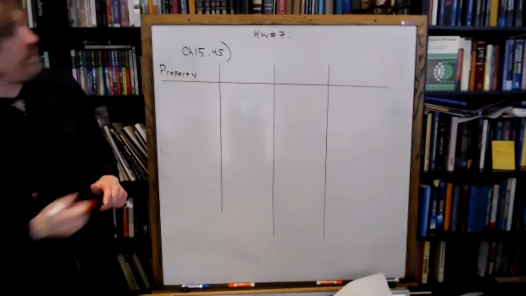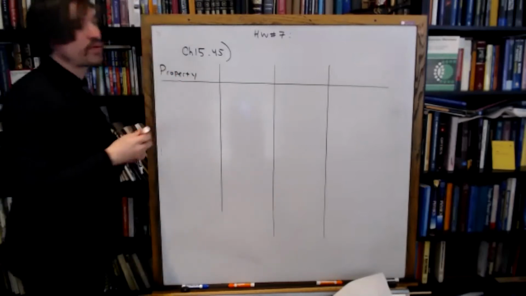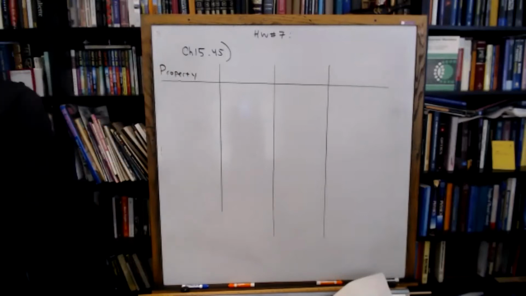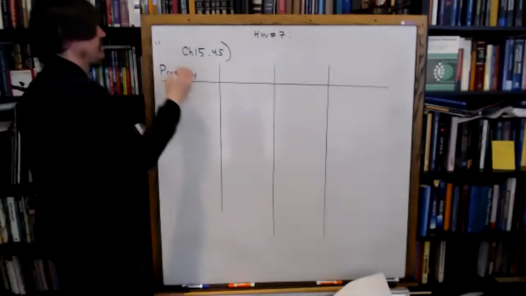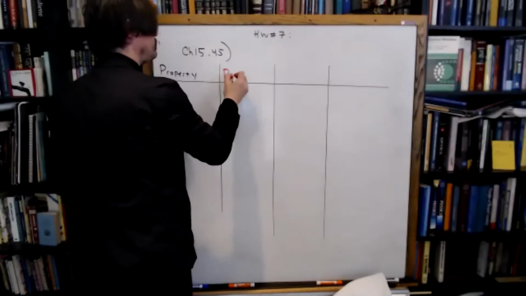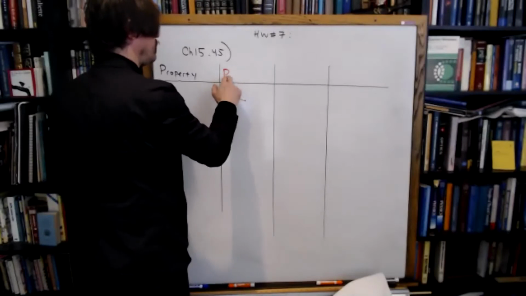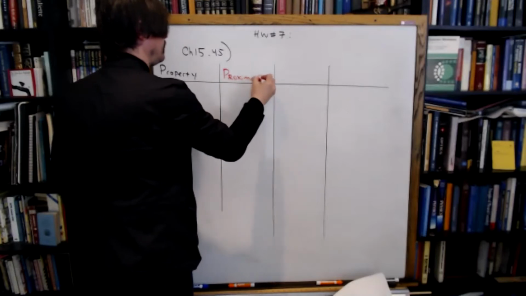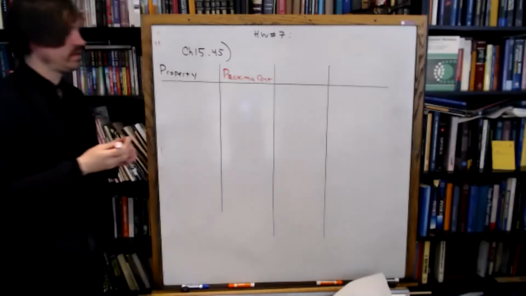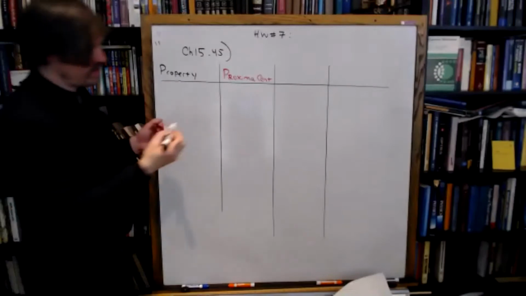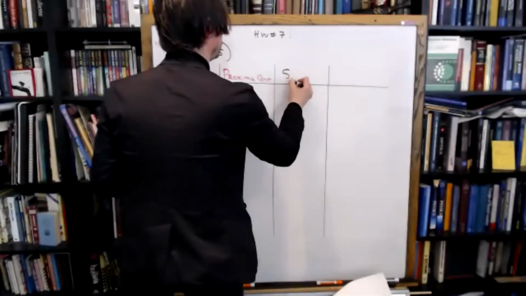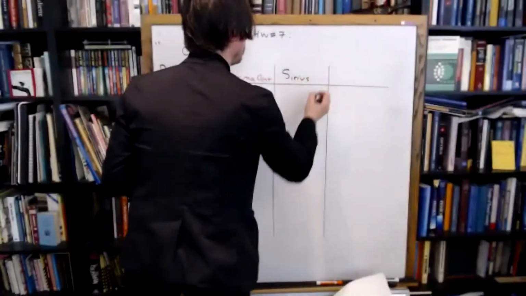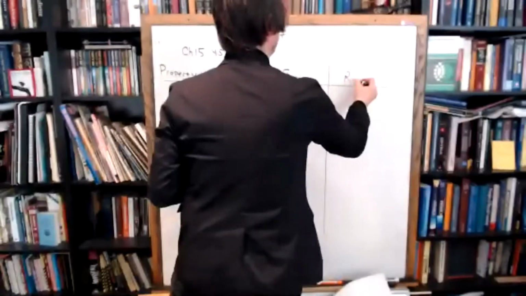The second column will be for a star named Proxima Centauri, one of the closest stars to Earth. I'm going to call it Proxima Cent. The other star is Sirius, the brightest star in the sky. And then the last column will be for their ratio.